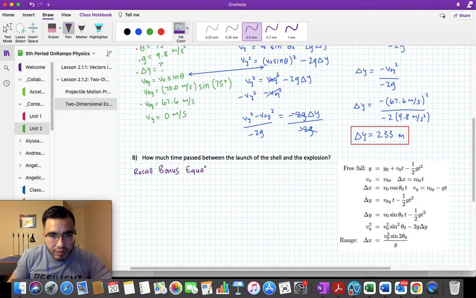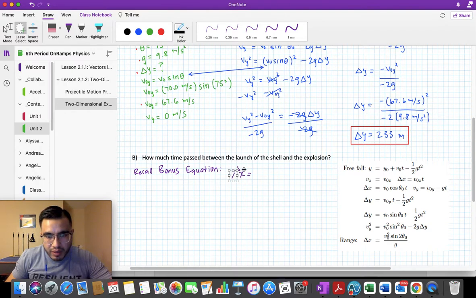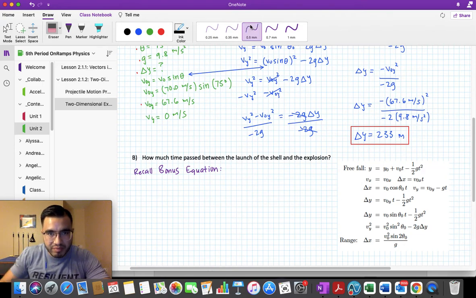It said delta x equals velocity initial plus velocity final, divided by 2, multiplied by time.